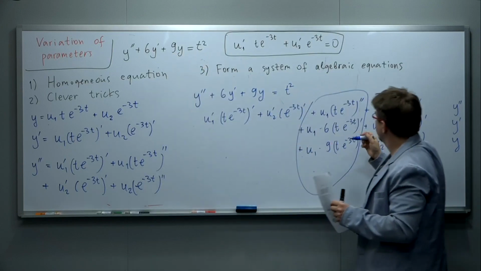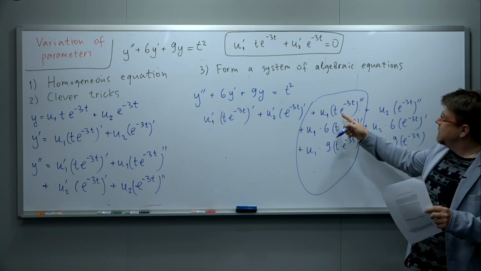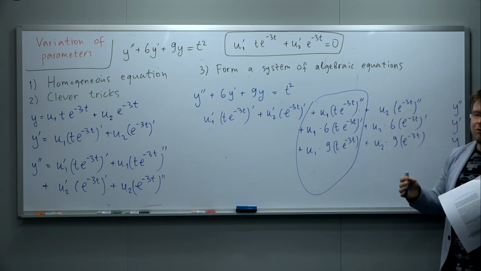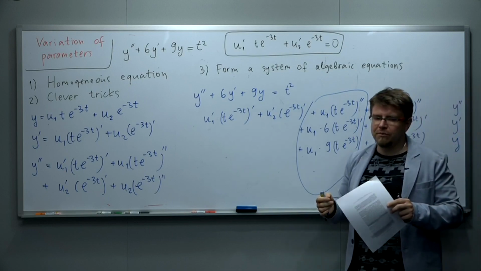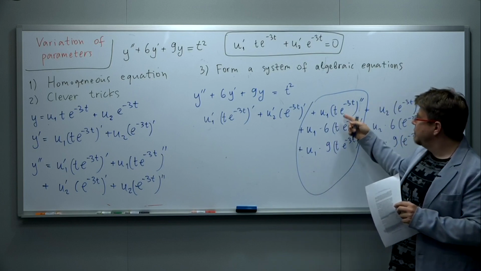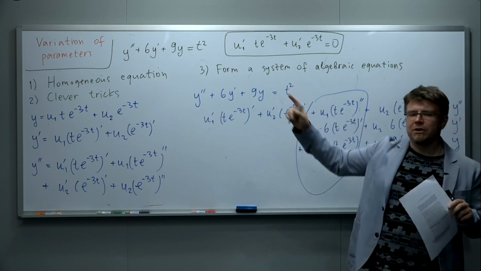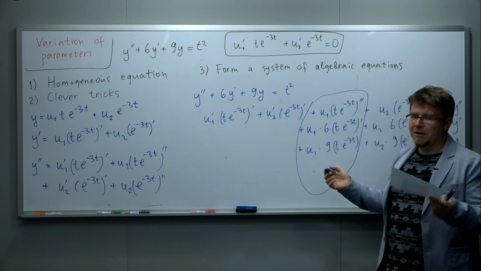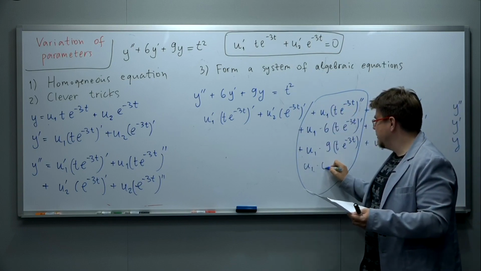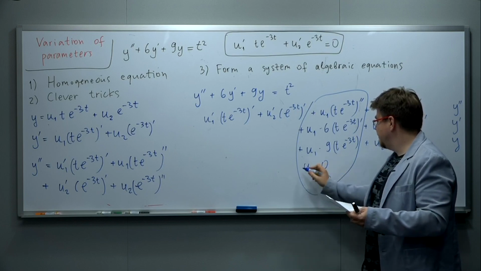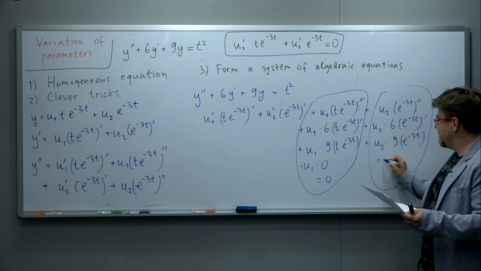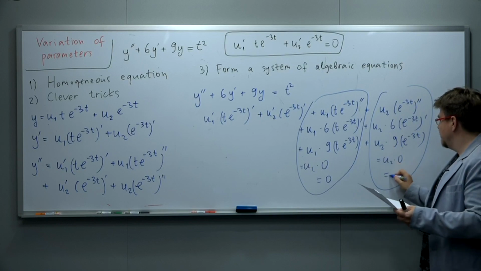And recall that these two functions, t times e to the minus 3t and e to the minus 3t, were chosen as solutions of the corresponding homogeneous differential equation, which means that if we substitute this as y into the left-hand side of the differential equation, then we get 0. So this whole thing is u1 times 0, which is 0. And this whole thing, by the same logic, is u2 times 0, which is 0.